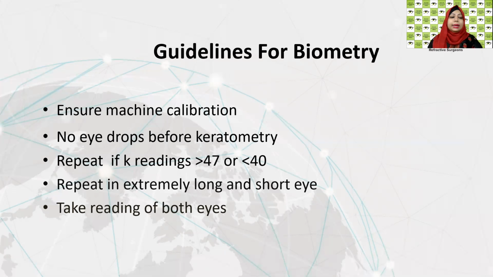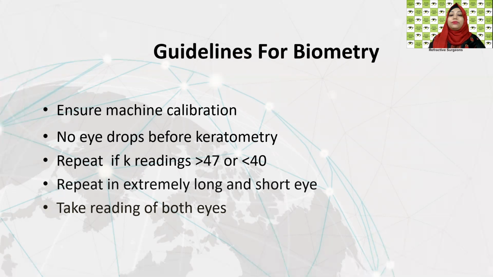So a few guidelines that, whatever machines we are using, we must follow: we have to ensure machine calibration. No eye drops can be given before keratometry. Why is this? Because our tear film is part of our optical system. When we give eye drops, we change that, and our result of keratometry will also be changed.